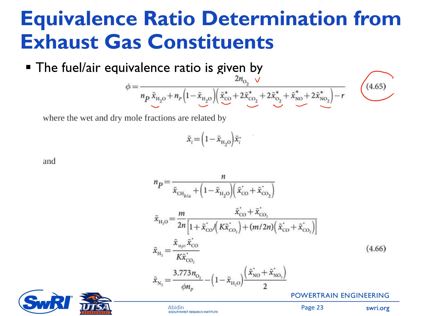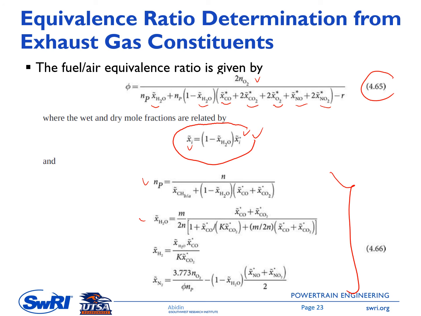And this is the way we convert dry into wet. Okay, so once again, this is dry and this is wet. So you can apply it for CO, CO2, and so on. And this is another formula that is used to get the amount of water mole fraction.